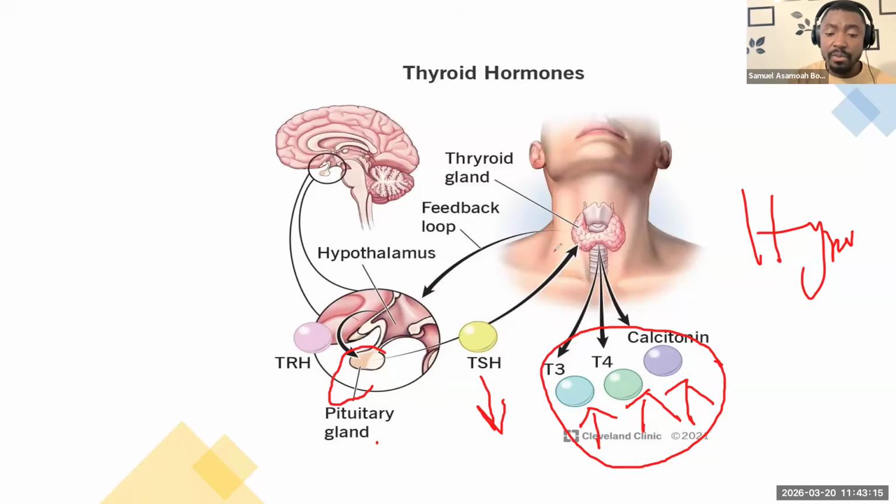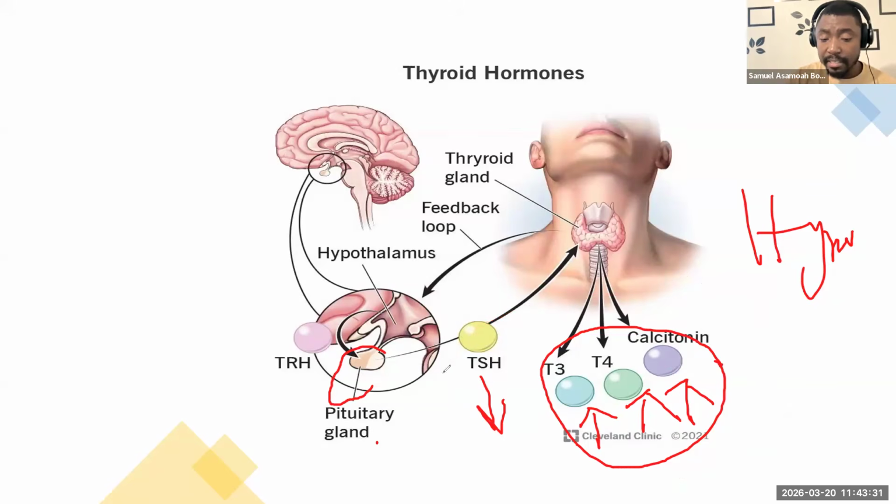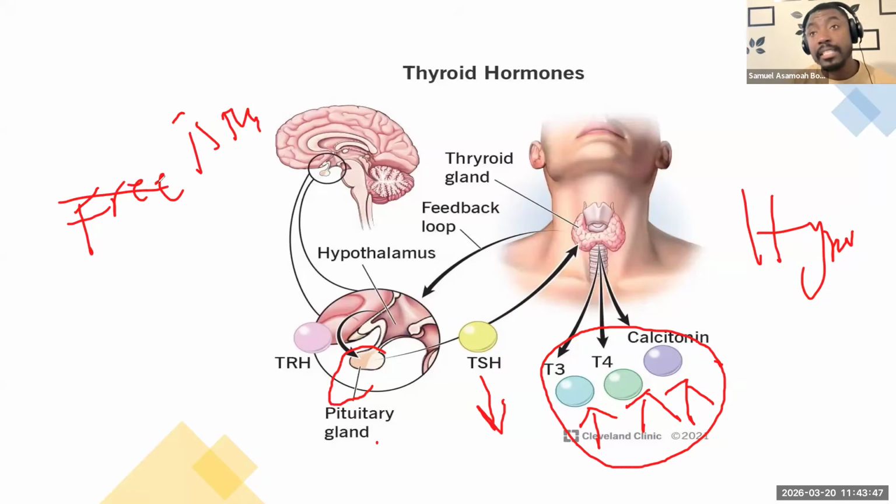Now, for doctors to diagnose you as having hyperthyroidism, they need to ensure that these hormones, T3, T4, and calcitonin, are high. But calcitonin is normally not free in the blood as the T3 and T4. Some of the T3 and T4 attach themselves to proteins. So the laboratory will use the term free T3 and T4. If the laboratory does not use the word free, it is still T3 and T4.